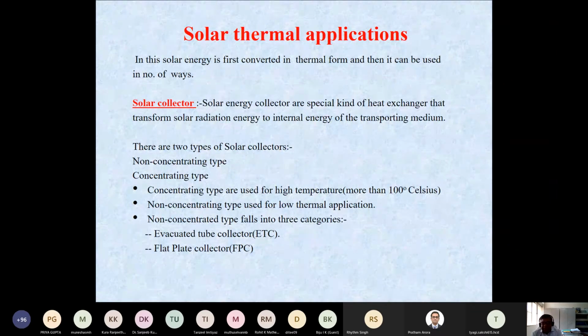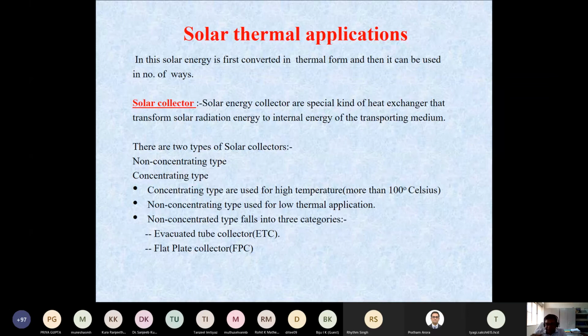If you listen properly, a solar collector is the device which collects the intercepted solar radiation, converts that solar radiation into thermal energy, and simultaneously transports that heat energy to your load. That is the complete definition of a solar collector.